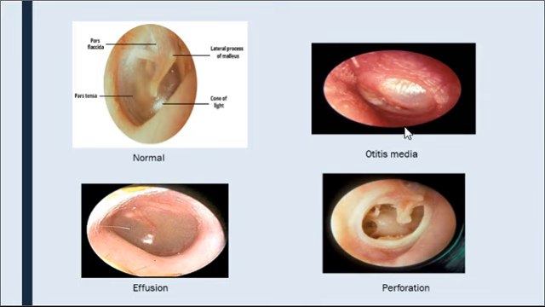Otitis media, see how swollen, red, inflamed with an infection in the middle ear. Effusion, and sometimes when there's some fluid behind there, may or may not be infected, but that's an effusion. It looks kind of cloudy. And then here is when it perforates, with this little bubble here, bursts.